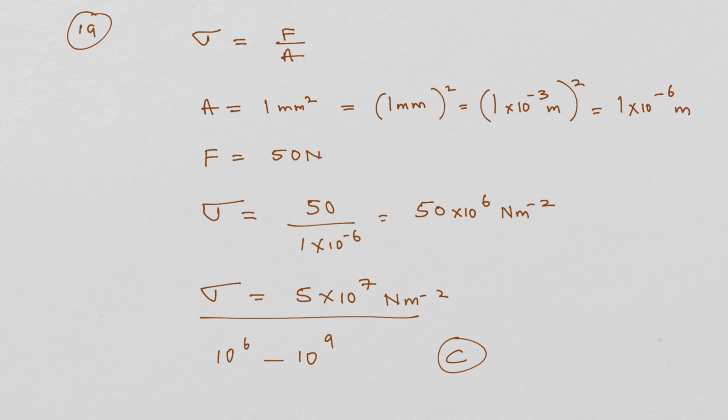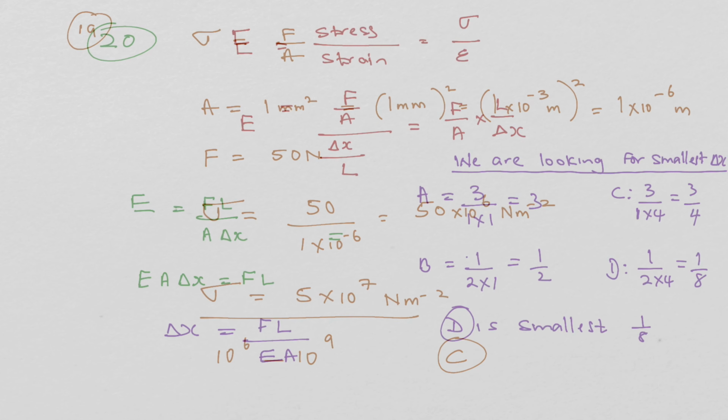Force is 50 newtons. Stress is 50 over 1 times 10 to the power minus 6, which is 50 times 10 to the power 6 newtons per meter squared. Stress is now 5 times 10 to the power 7 newtons per meter squared, and it's between 10 to the power 6 and 10 to the power 9. So the answer is C.